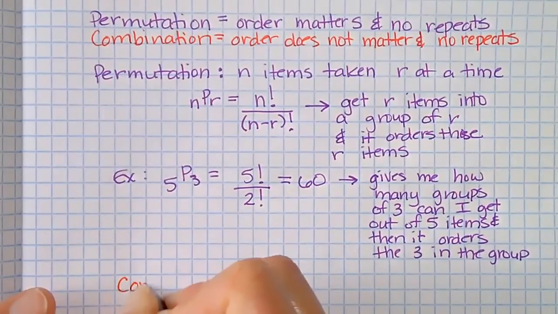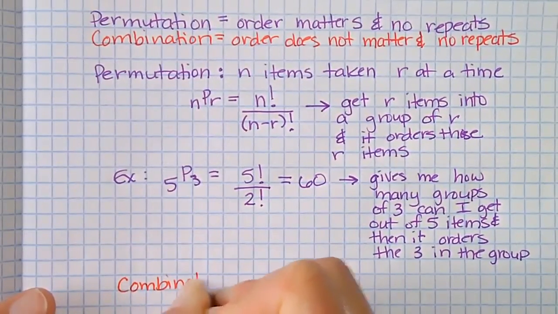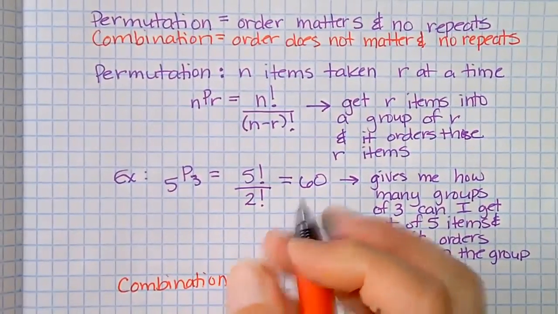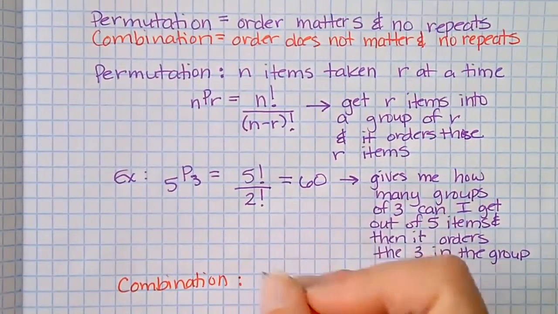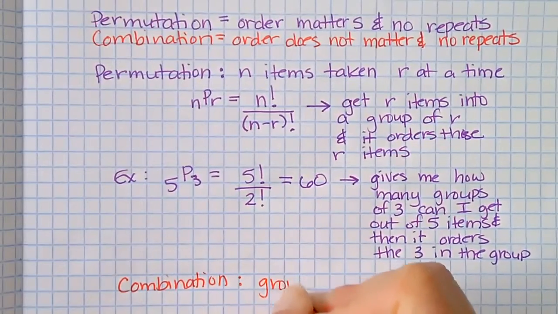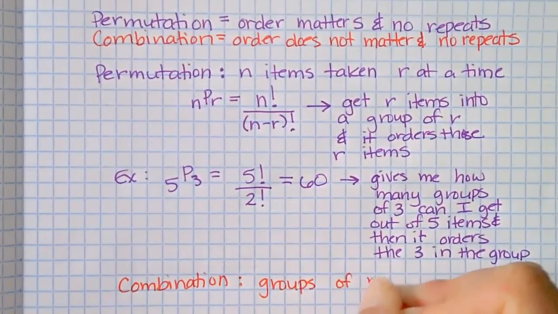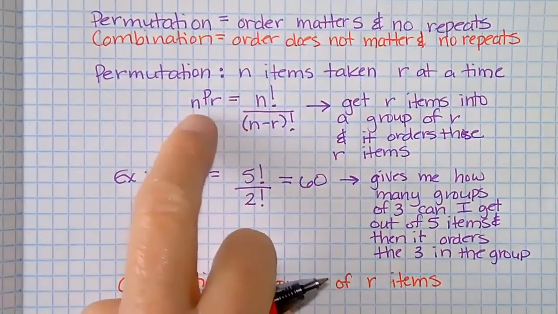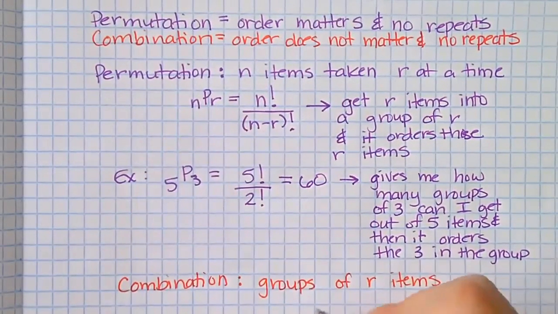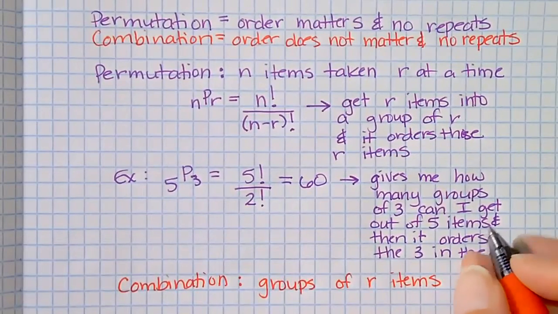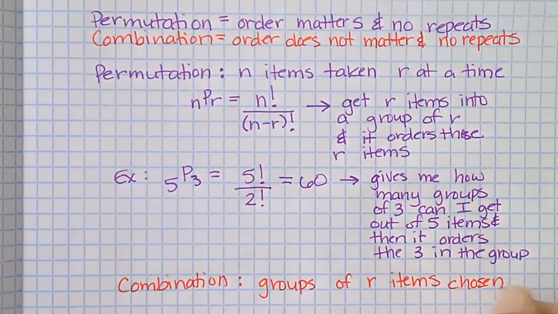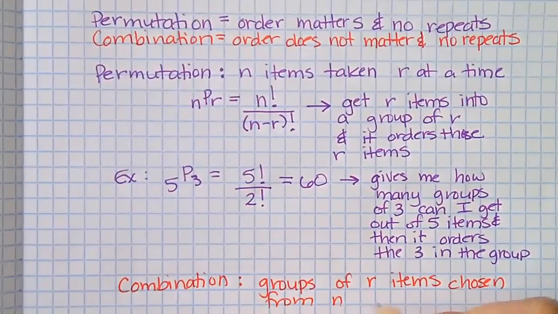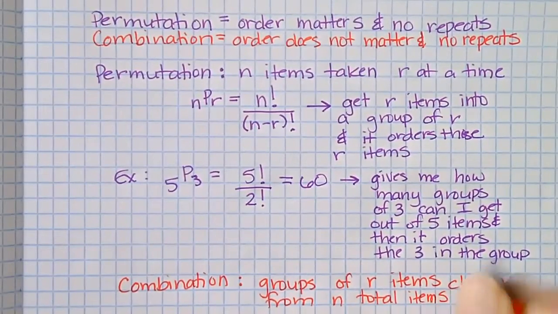So a combination is going to be groups of r items, again, if I'm talking about taking out from the n, r of them, so groups of r items chosen from n total items without order.